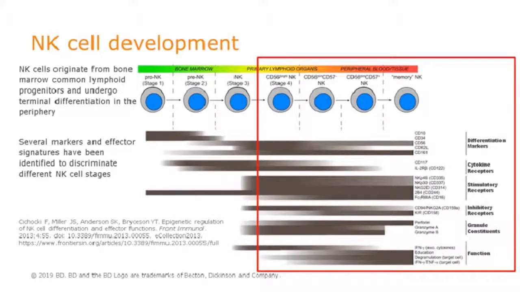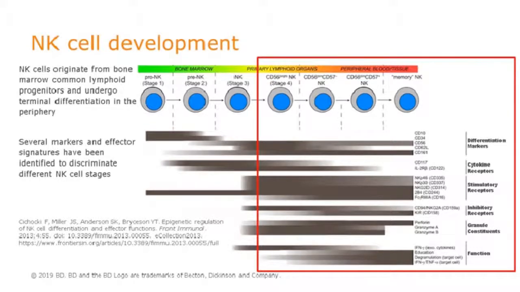A small percentage of NK cells in the periphery, roughly 10%, are early NK cells, which are predominantly in the primary lymphoid organs, but are still present at a small frequency in blood. These cells are characterized by the expression of a high level of CD56 and no expression of CD16.